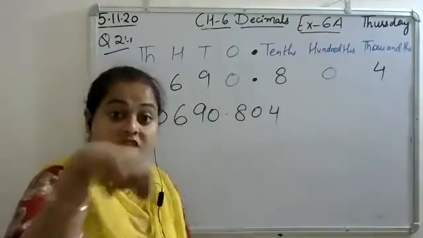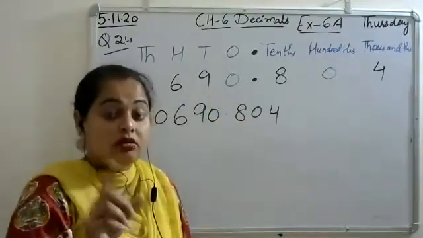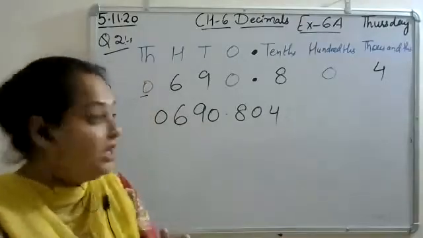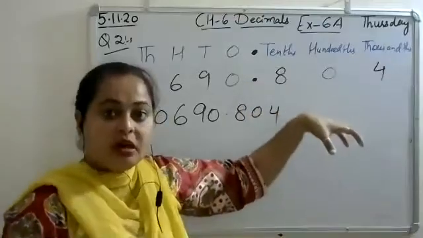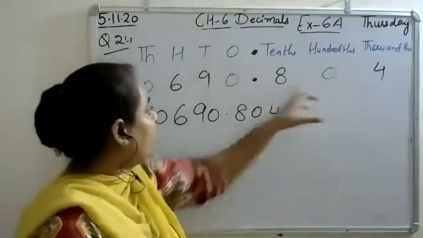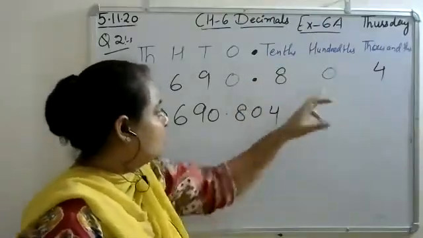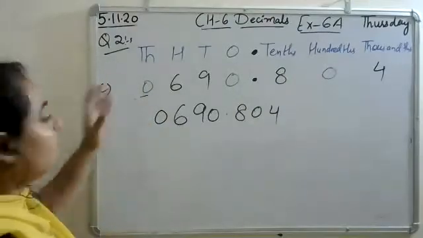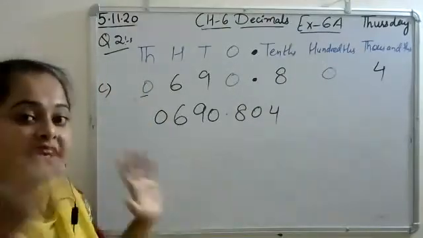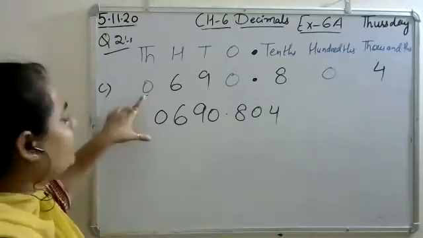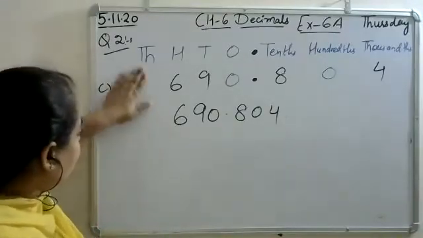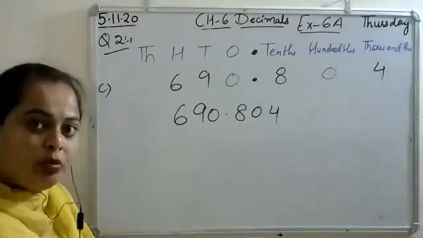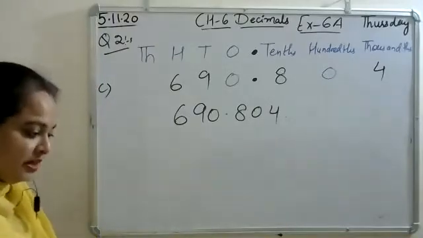In between zeros, you will not ignore. Listen to me very, very carefully. These two zeros are in between the numbers. So you will not ignore these two zeros. But you can ignore the zeros which are present at the ends. Look, this is exactly at the end. It is at the end here, so you can ignore it. Write it or not, both are the same thing. Fine.